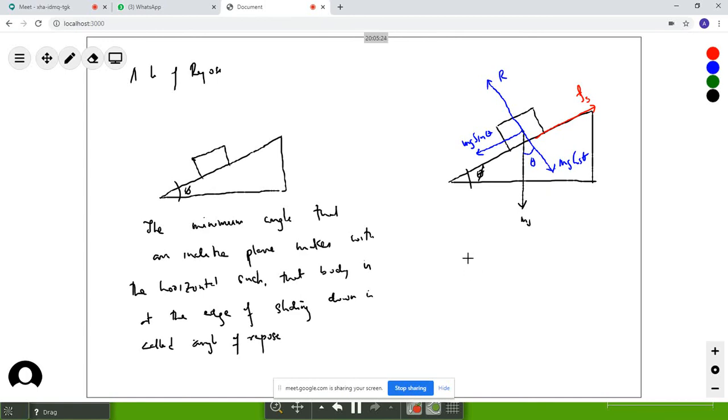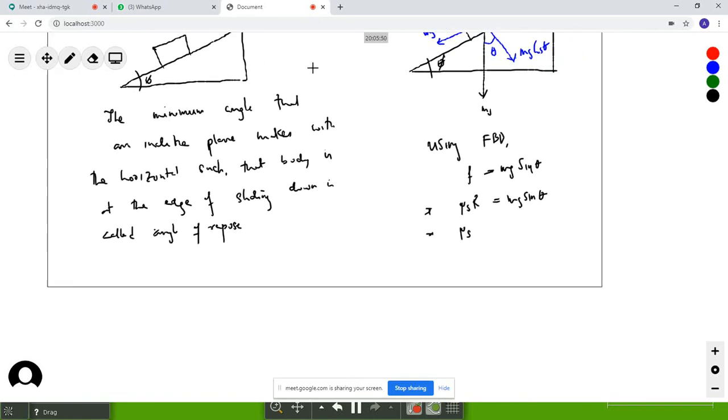Now, using the free body diagram, what can I write? Fs will be equal to mg sin theta, but Fs is mu s R, so mu s R equals mg sin theta. But what is R? R is equal to mg cos theta. So mu s equals mg sin theta by mg cos theta.